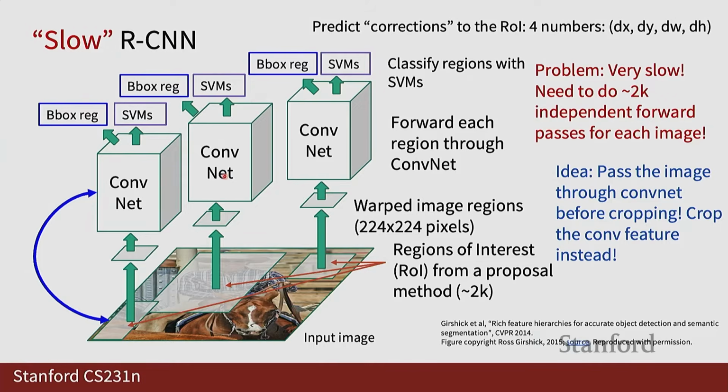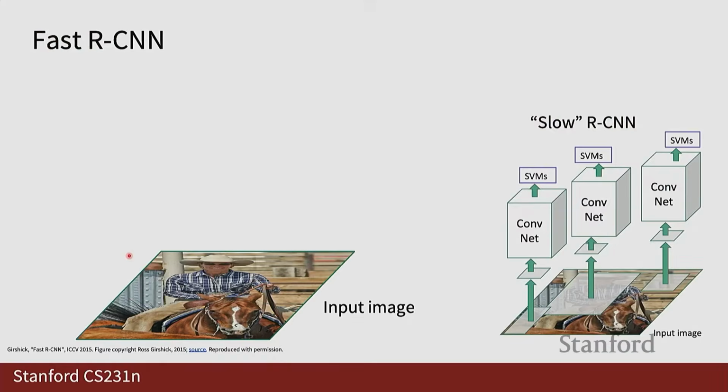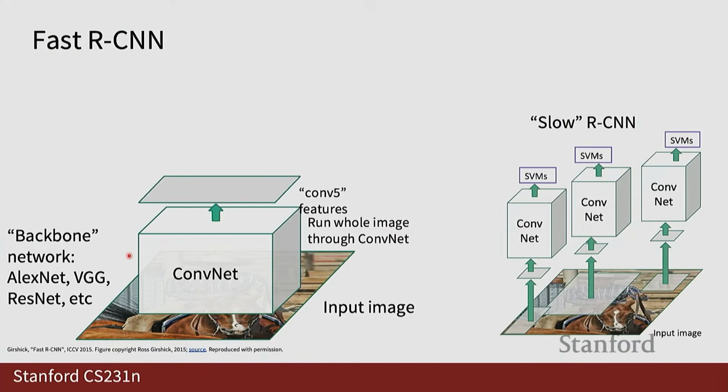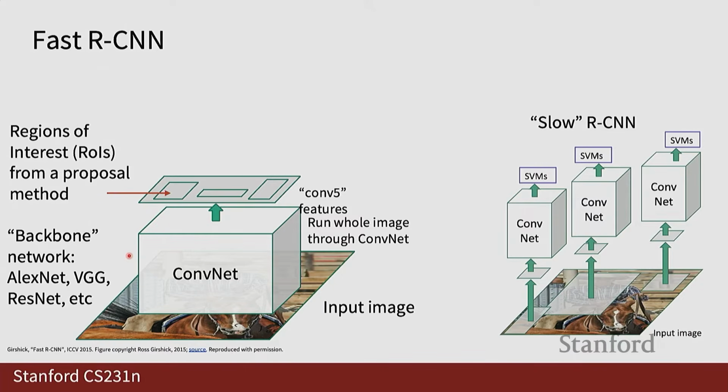So in that case, what we do is, instead of running the convolutional neural network on the patches, let's say we run one big convolution on the entire image, and then we have the regions in that feature map, which correspond to the entire image.